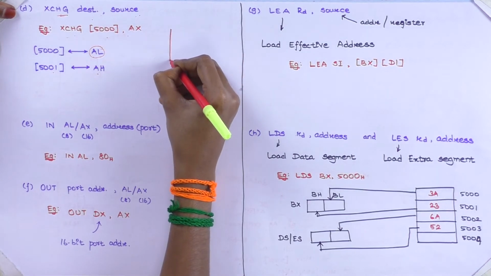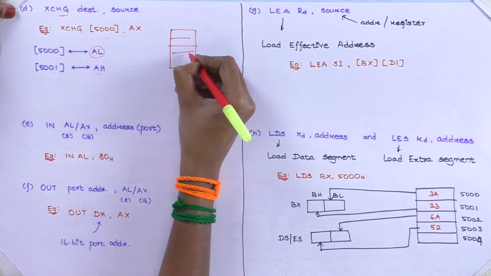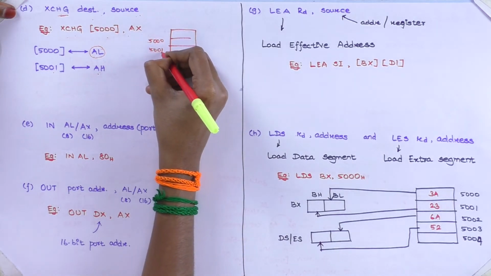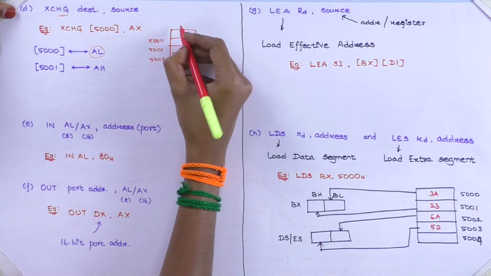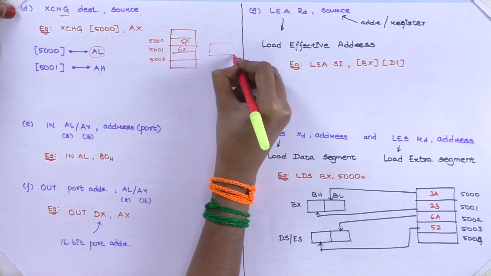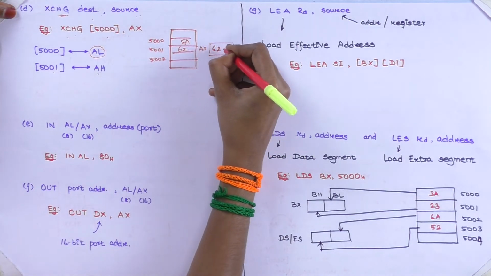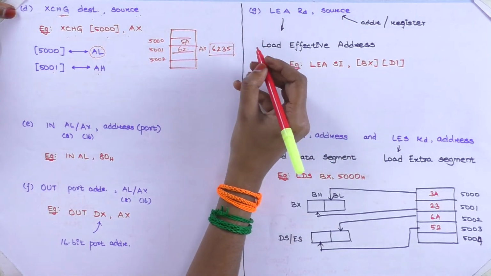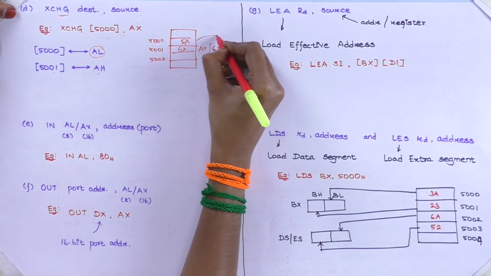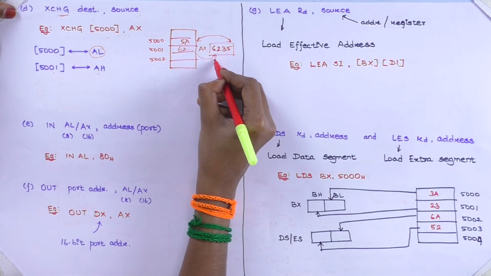So for example, if this is your memory, this is 5000, 5001, 5002, and you are having the value 5A62, and AX is having the value 6235. How the exchange will happen now is 5000 will be exchanged with 35 and 5001 will be exchanged with 62.